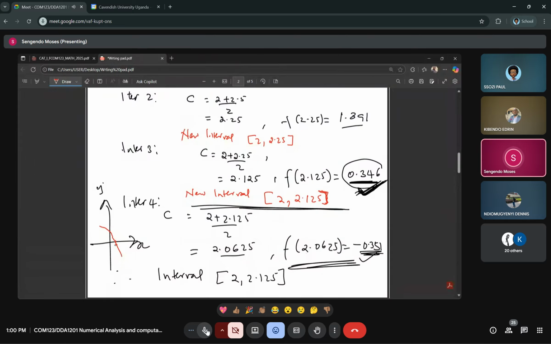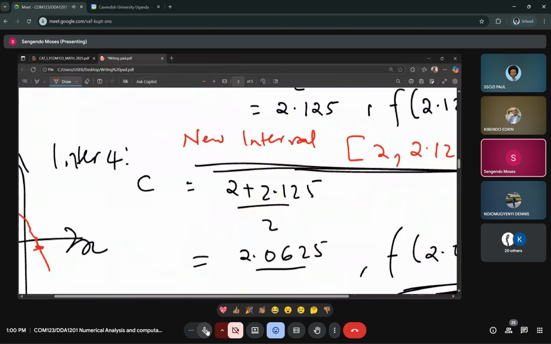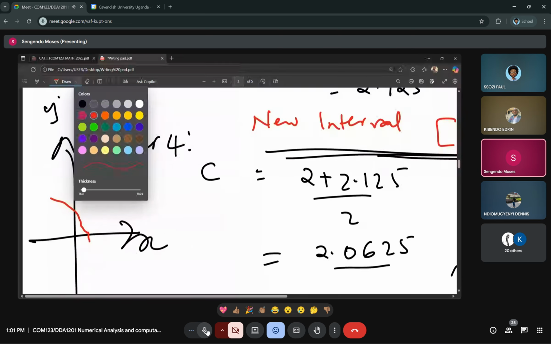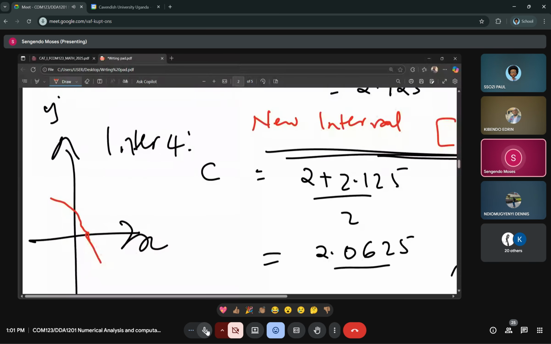So iteration 4 is somewhere here, and 3 is somewhere up here, but close to 0 as compared to the next one, which is also down but still close to 0.